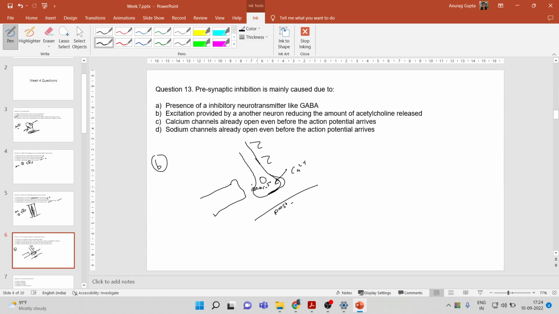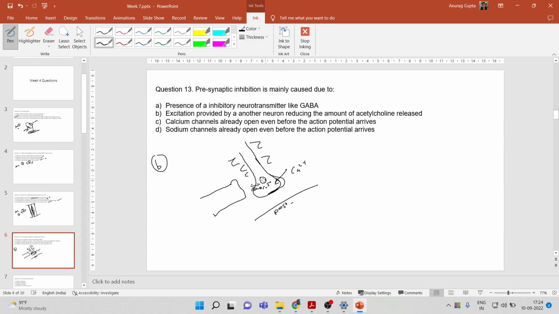Since the calcium channels are already open and there's an influx of calcium, when the action potential actually arrives, only a few new voltage gated calcium channels will open up because some of them are already open. Hence, the amount of calcium that goes in will not be much. There's already calcium inside.